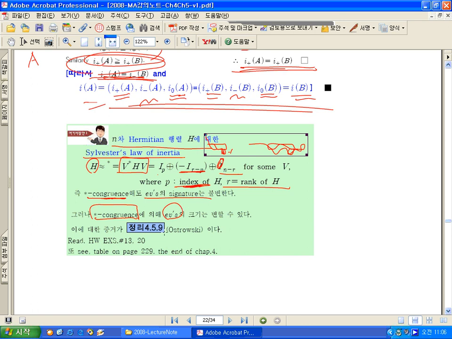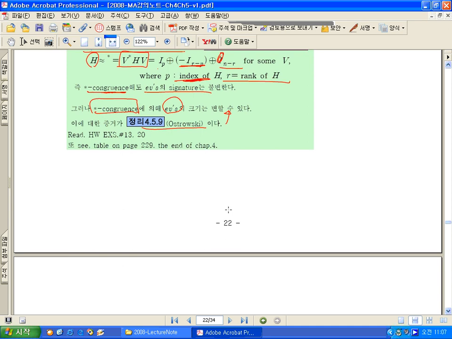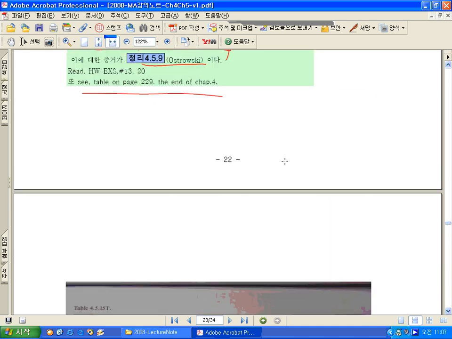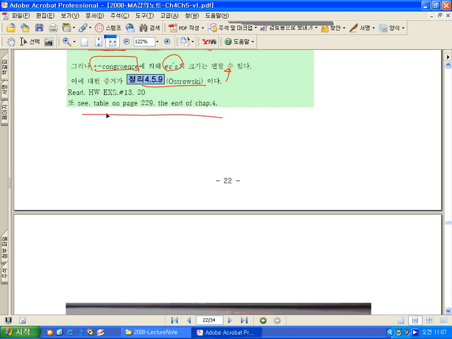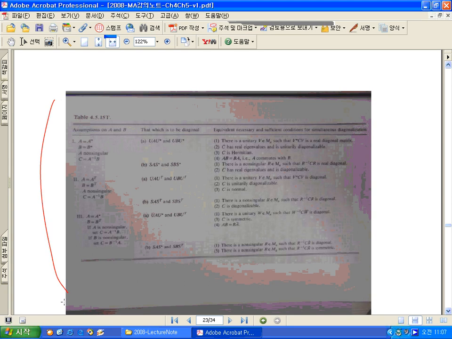The Ostrowski theorem shows what can happen to the size of the eigenvalues. You can do some problems here. The book says to see the table on page 229 at the end of chapter 4, and this is that table here.